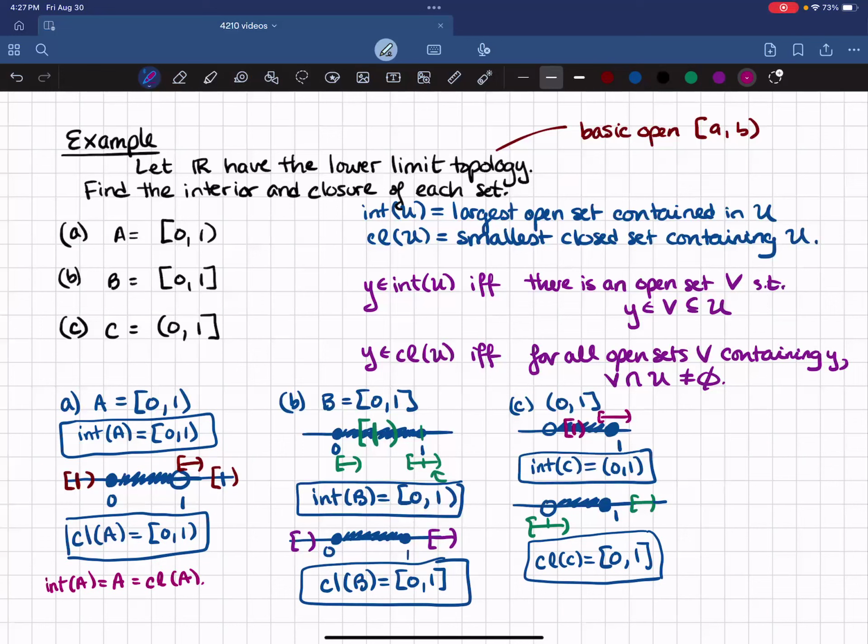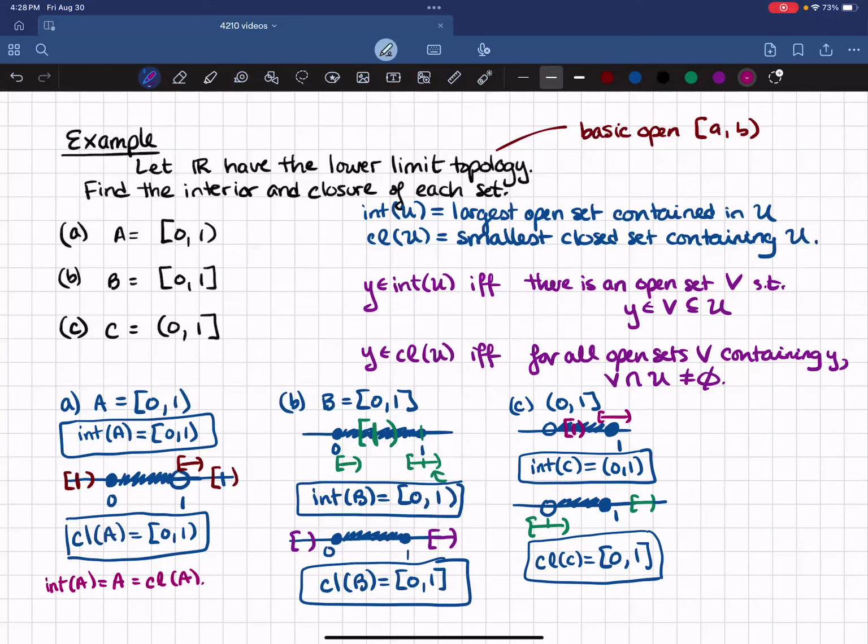And so A is a set that is both open and closed. That often bothers people because the words open and closed in English feel like opposites. But in topology, you can definitely have a set that is both open and closed. You can have sets that are open, sets that are closed, sets that are both, and sets that are neither. So this A is both open and closed.